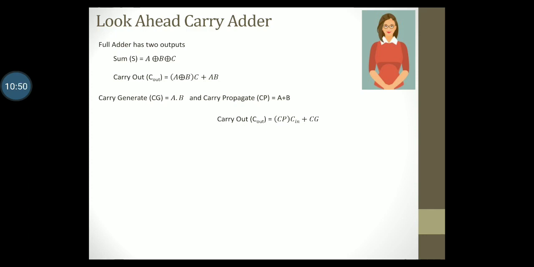Carry out is equal to CP dot Cin plus CG. I will just rearrange the terms to make the equation look like this. So what we have done here is expressed carry out not in terms of the inputs A and B, but in terms of the functions CG and CP, which will considerably reduce carry propagation delay.